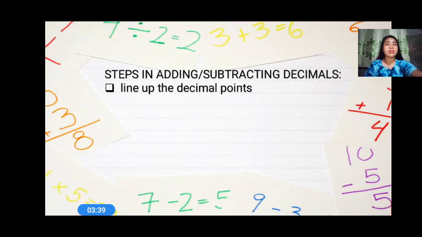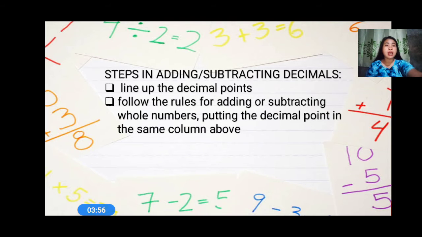First, line up the decimal. So what should we do first? We have to line up the decimal. And then the next thing we should do after we line up the decimal is follow the rules of adding or subtracting whole numbers.